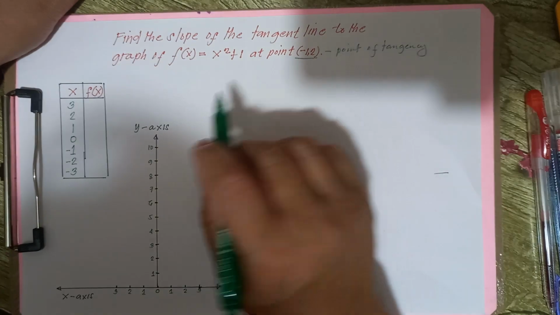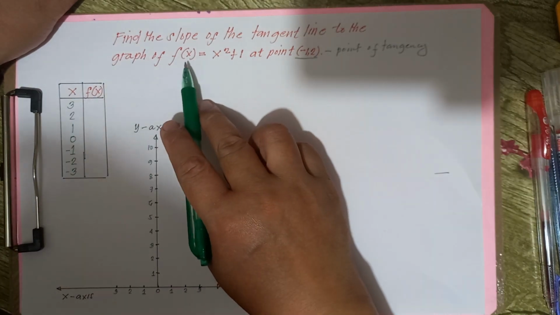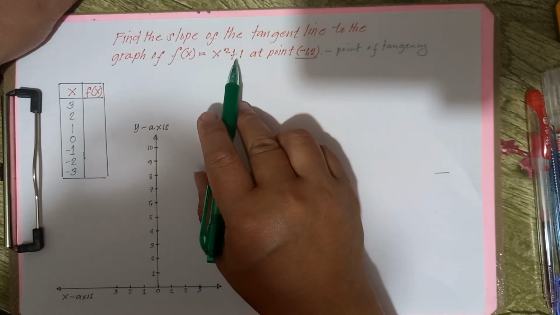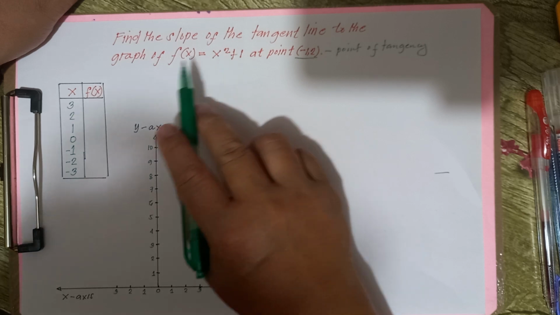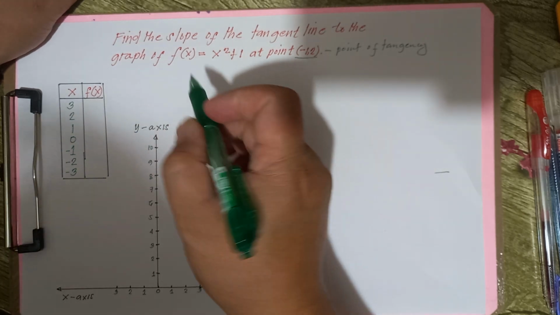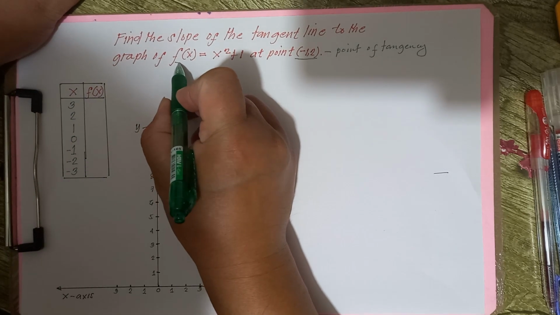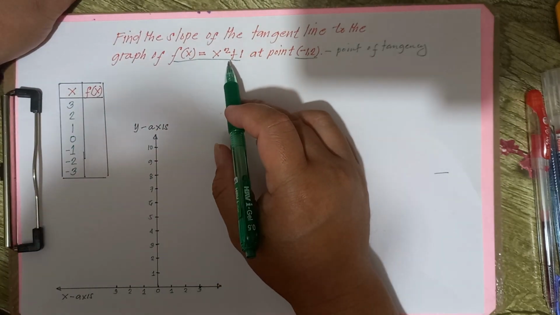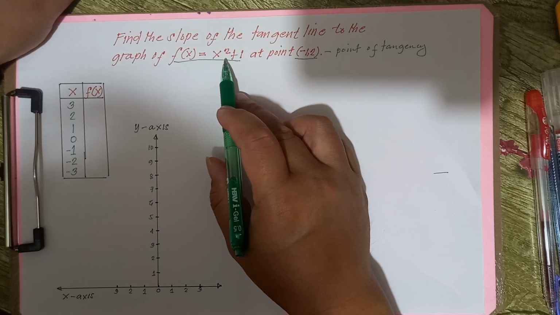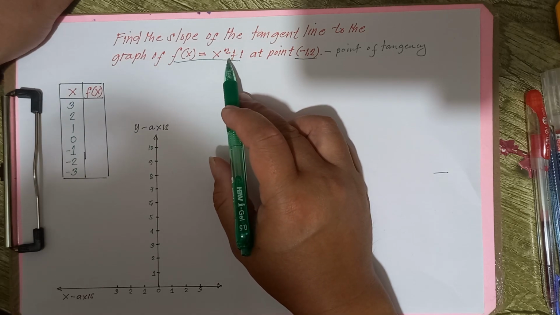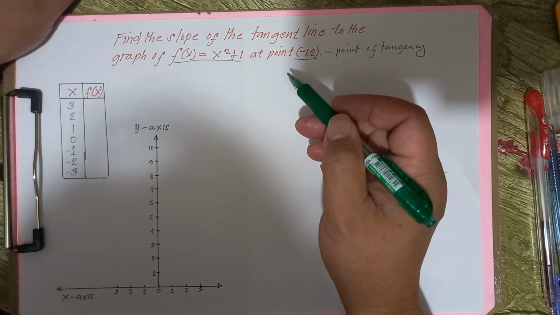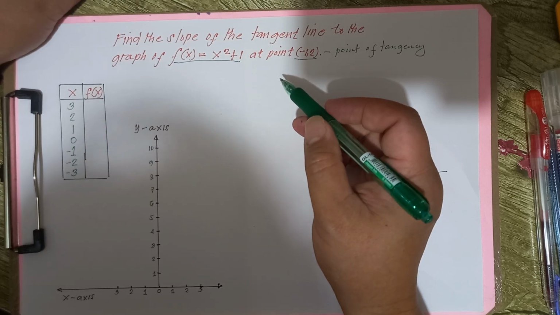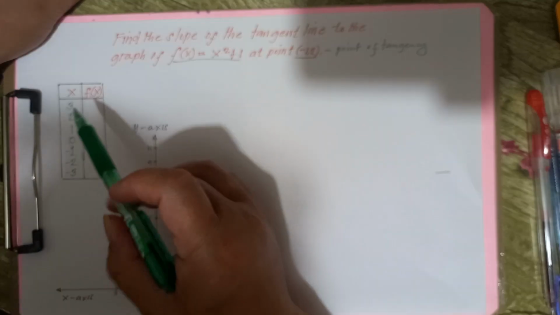we have to graph this function. If we are going to graph this function, we have to consider that there is no restriction with the domain. So the domain of this function is all real numbers. So what about if we consider the possible values of x, starting with positive 3 down to negative 3.